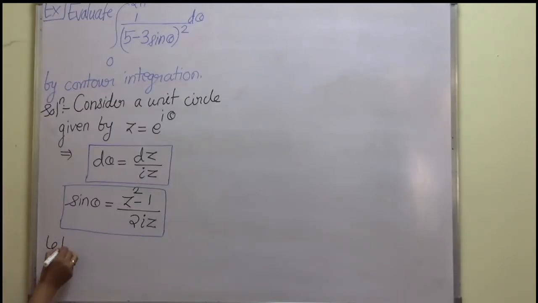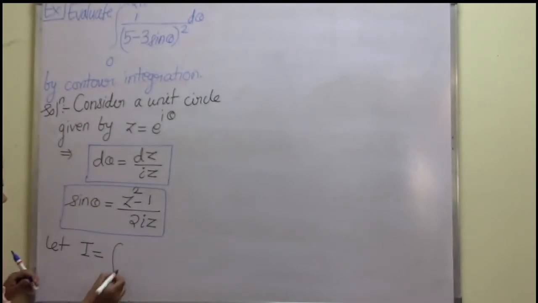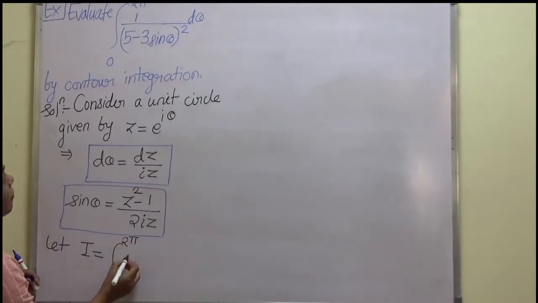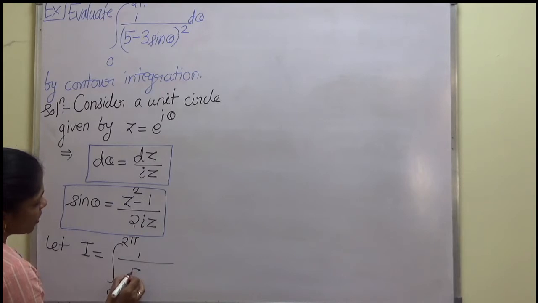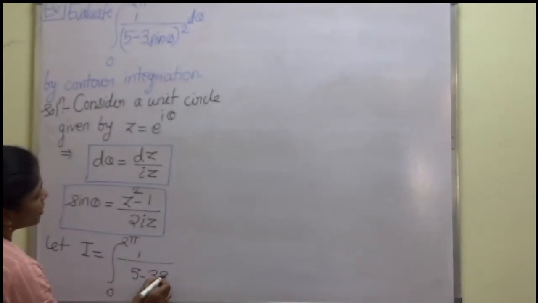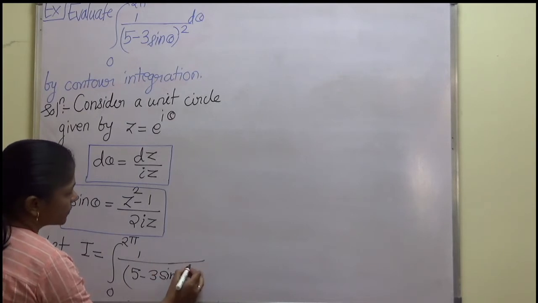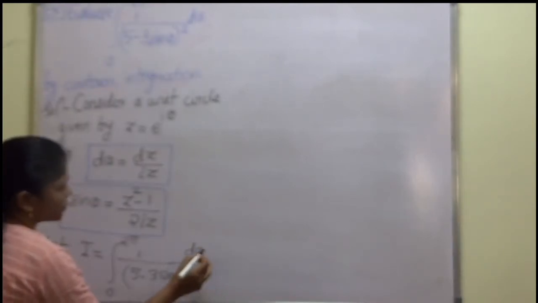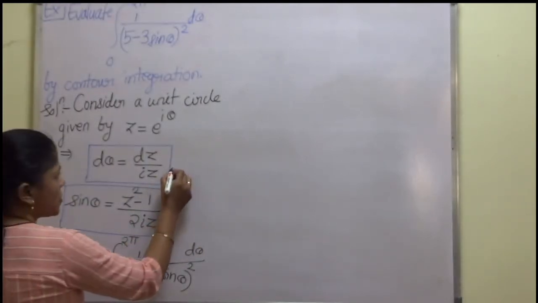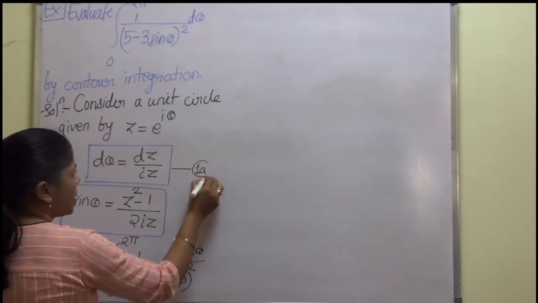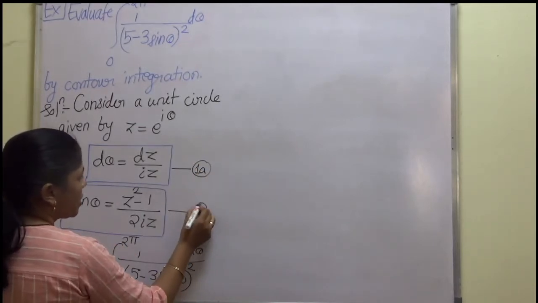Let us consider the given integral. Call it as I. Let I is equal to integral 0 to 2 pi of 1 upon 5 minus 3 sin theta whole square. Call this equation 1, with these expressions as 1a and 1b.